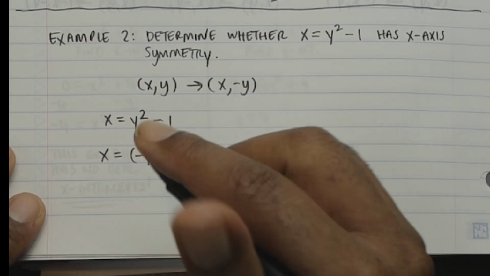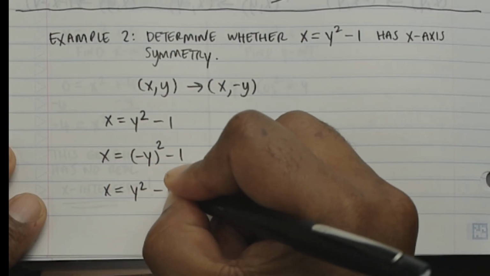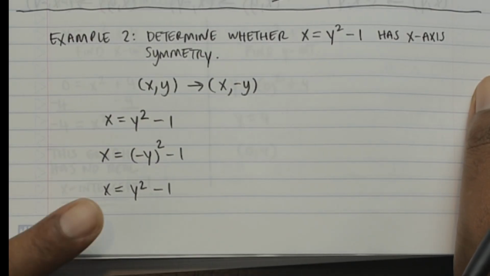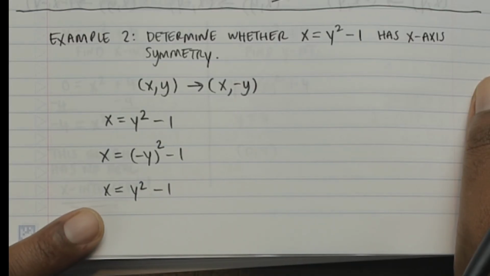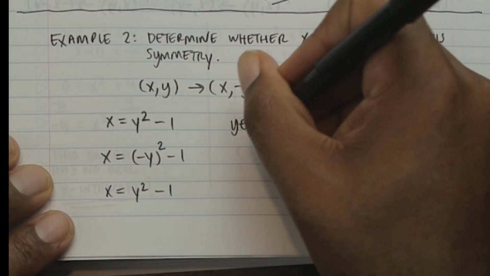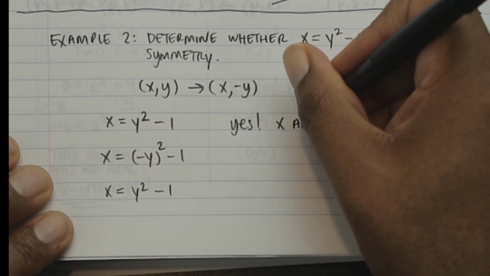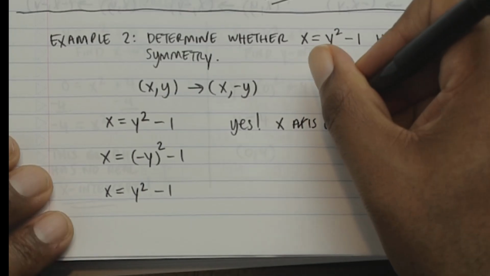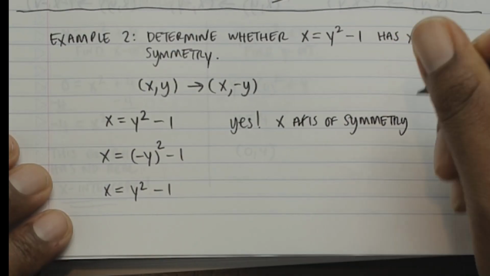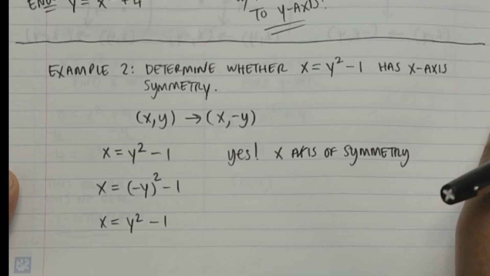Negative y times negative y is going to give you a positive y squared. So again, we obtained the original equation that we started with. Therefore, the answer is yes, x-axis symmetry. Okay. Example number 3.